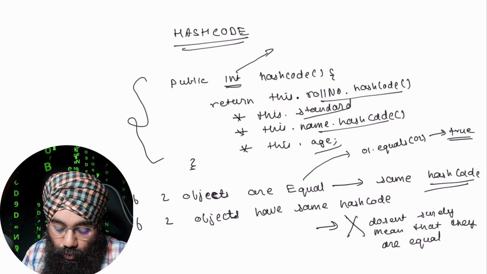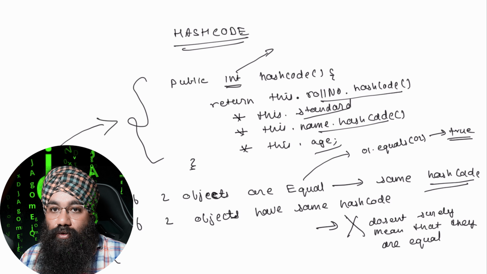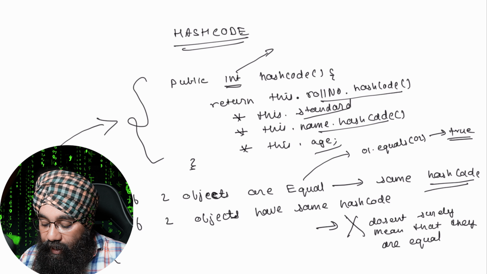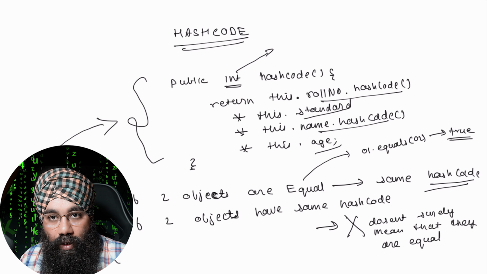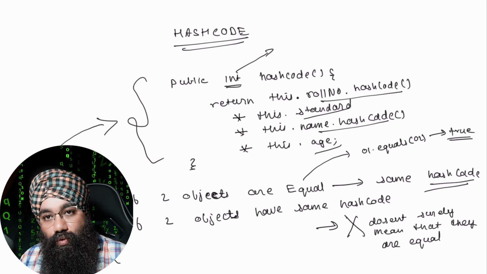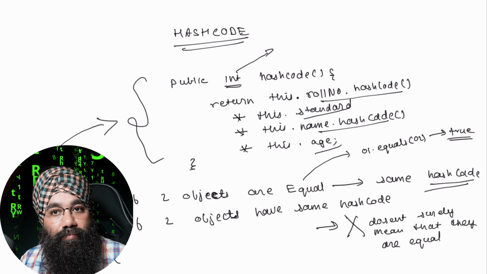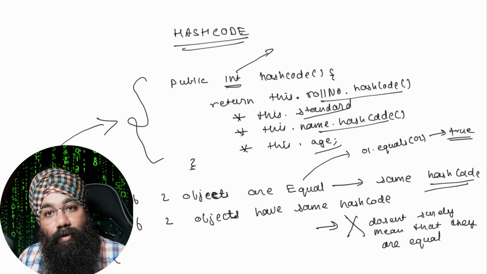This is a general rule for implementing the hashcode method: if two objects are meaningfully equal, they should have the same hashcode. If two objects have the same hashcode, it doesn't mean that they will surely be equal. They can be equal, they can also not be equal.